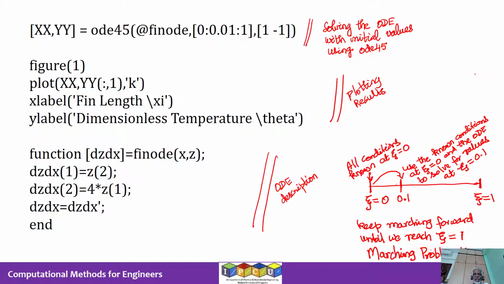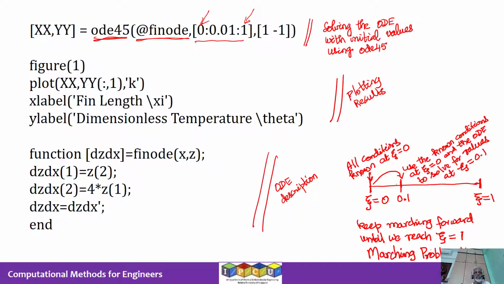So what's the MATLAB code? I'm just showing the M file that I've written. It's quite easy compared to the boundary value problem. Basically I'm calling Ode45, and I have to tell Ode45 the name of the function file that contains the ODEs. The next thing is the starting value of the independent variable and the ending value of the independent variable.